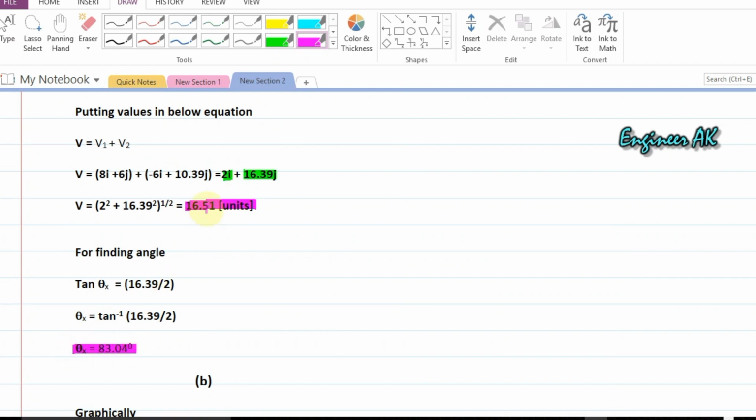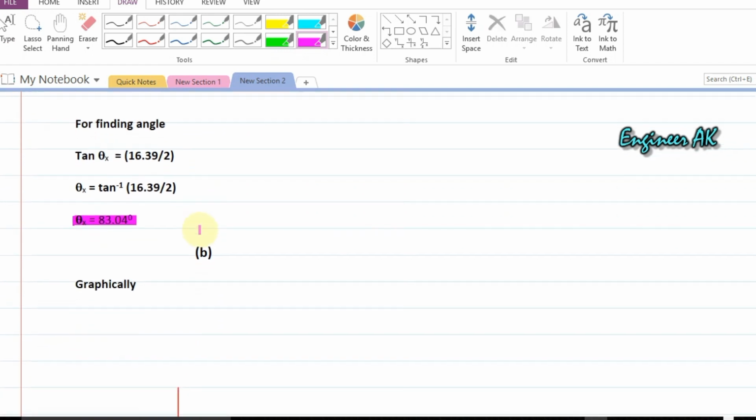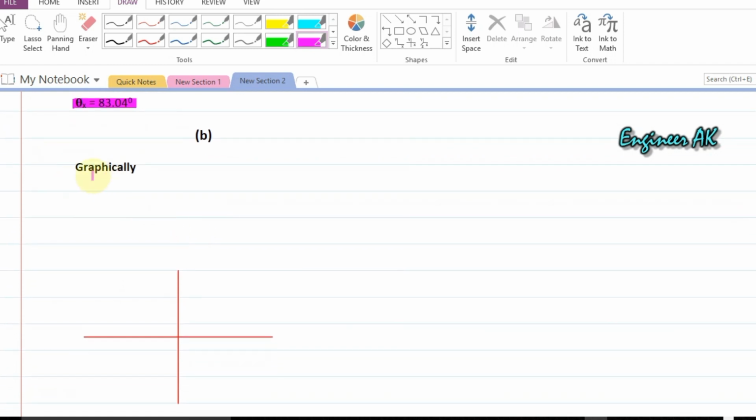And that's the magnitude. Now the next thing we have to do is just graphically show it. So if I draw it, it's the v vector. I will just write it v, right?